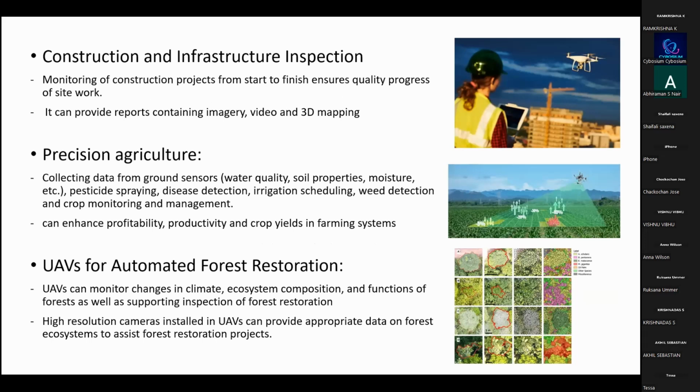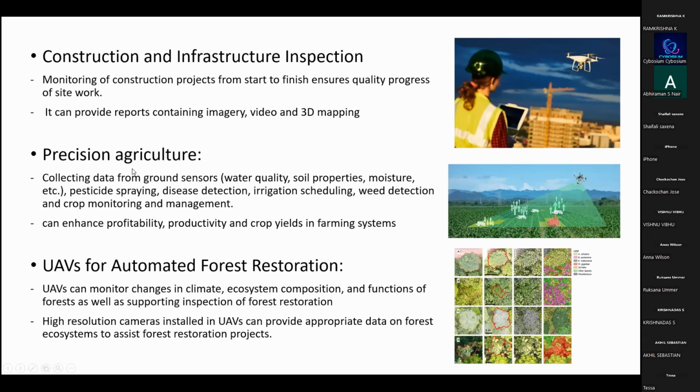So it will actually go inspect, and if there is some anomaly, it will send us the alarm. So basically we are making sure that quality is not compromised using drones. We make sure the construction is going as expected, and it is providing all the imagery, videos, 3D mapping, all those things.